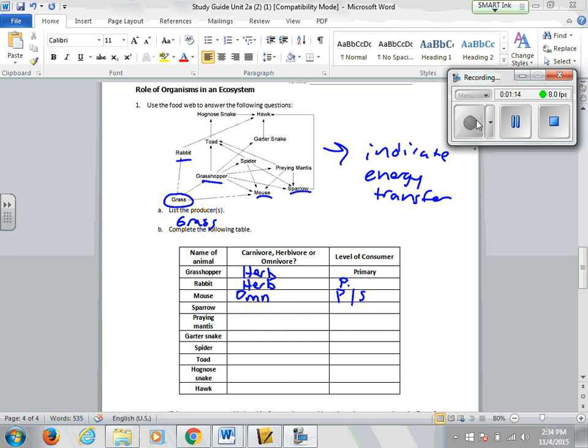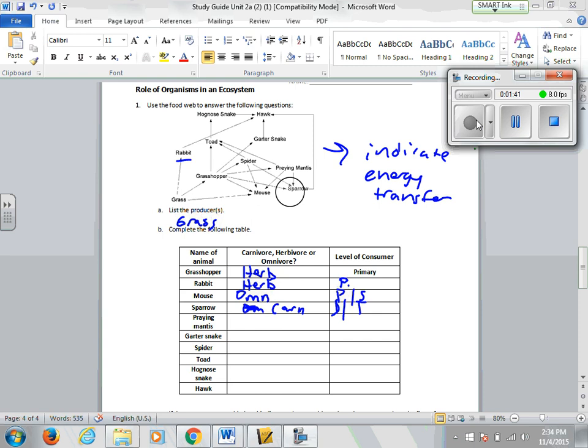The sparrow here can also be an omnivore, meaning it can eat both. The other one only eats meat, so that's a carnivore. And it just really depends on where it's getting its energy from. So it's either going to be a secondary consumer, or if you go from grass to praying mantis to sparrow, that can be a tertiary consumer.